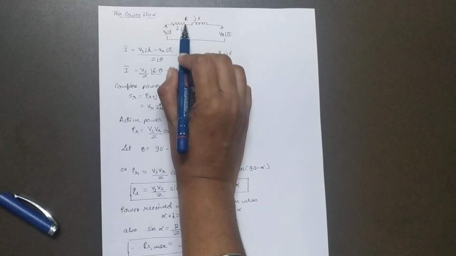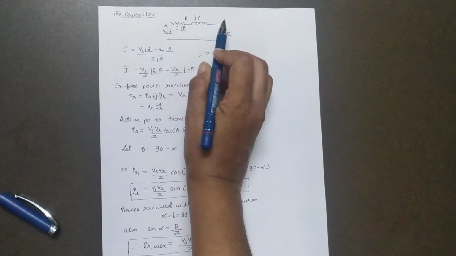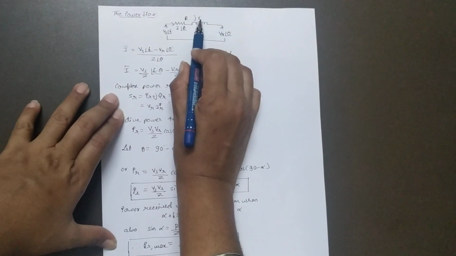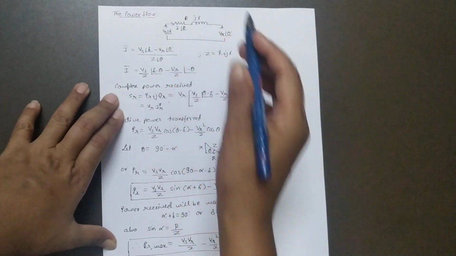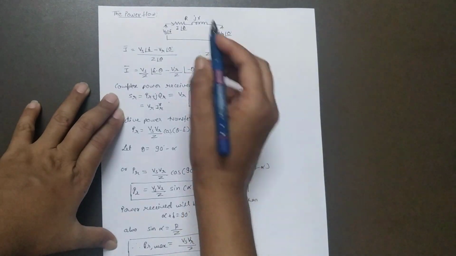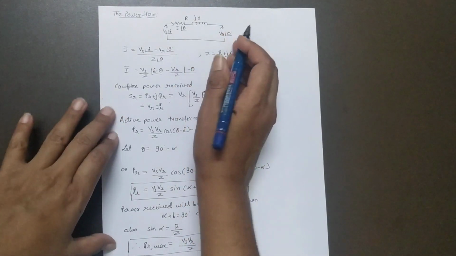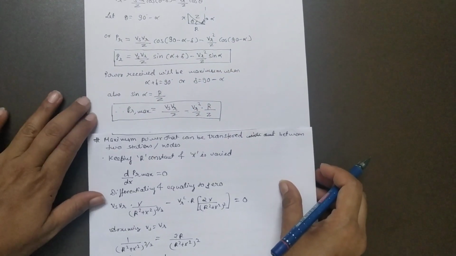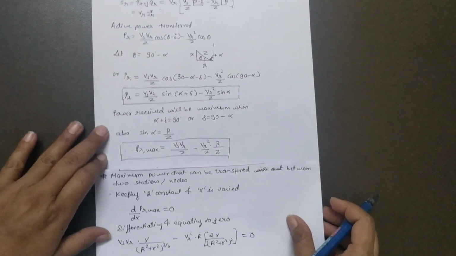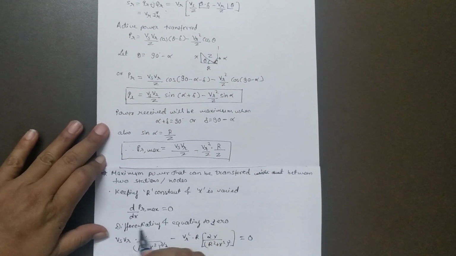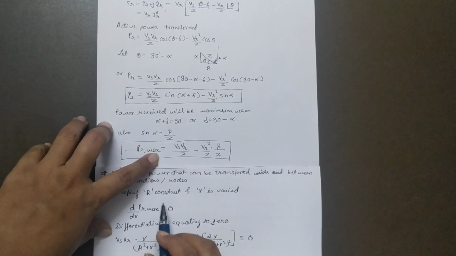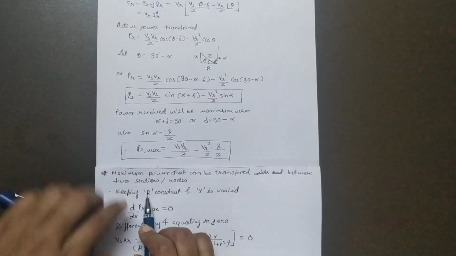Since we cannot increase R, as with the increase of R losses will increase, our option to get the maximum power from this system at the receiving end is to differentiate this expression PR maximum with respect to X and not with respect to R, and equate it to 0. We are keeping R as constant.